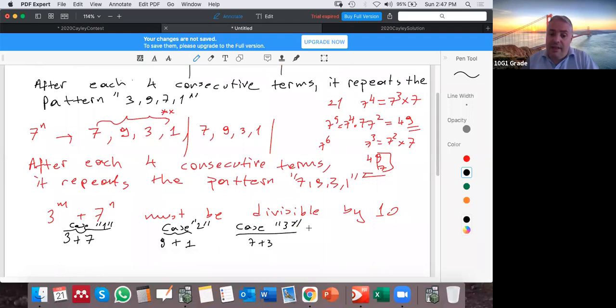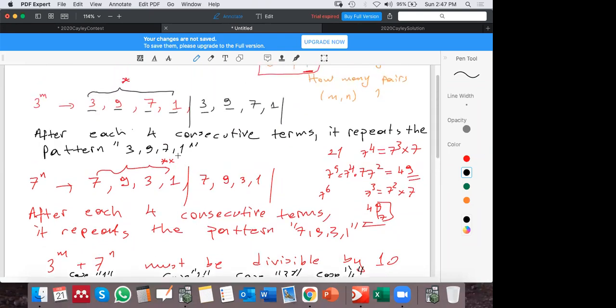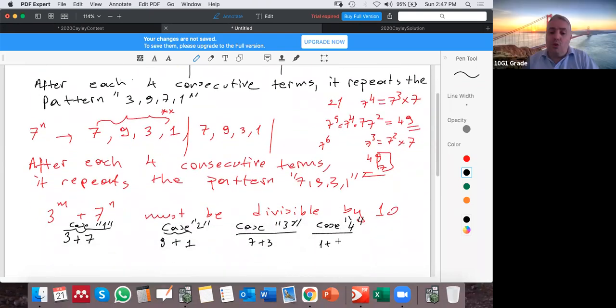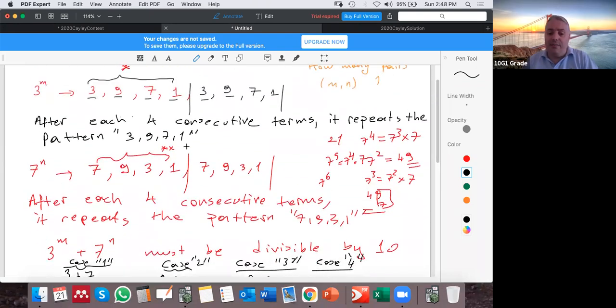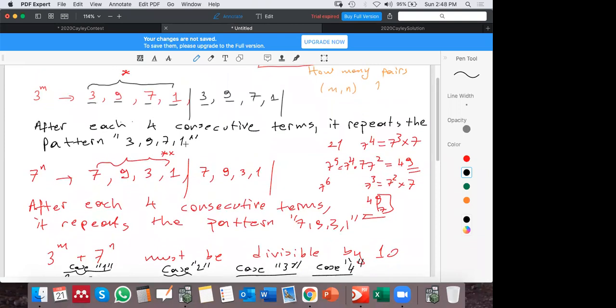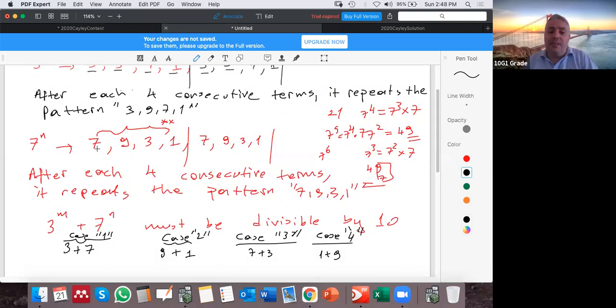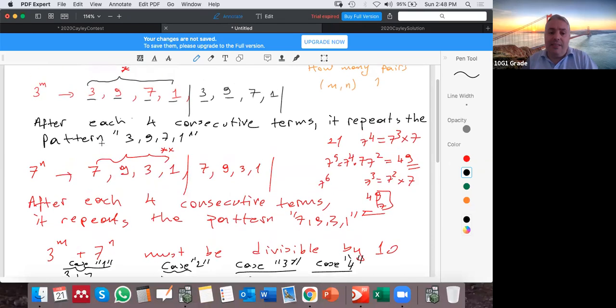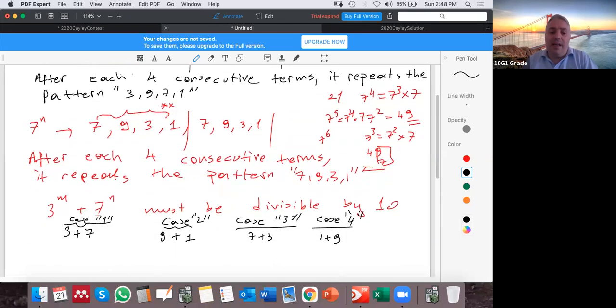And case 4, 1 and 9. So do I have any other case? No, I don't. Let's think. If n is 7, m must be 3. But I already said this. So all the cases are finished.